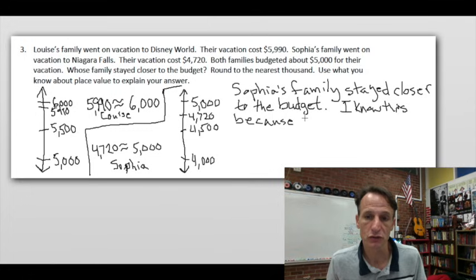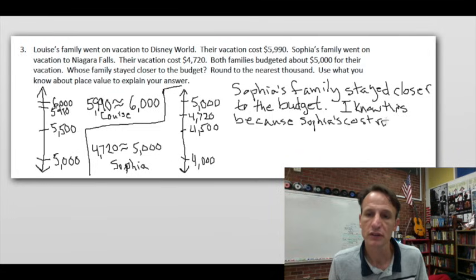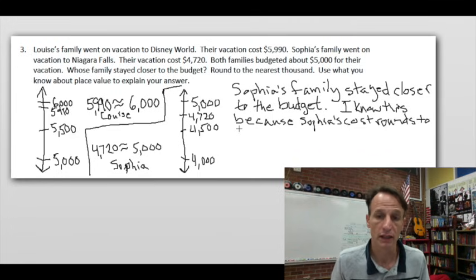Okay, because Sophia's cost rounds to, and here's where I'll use the dollar sign because now I'm talking about money, $5,000.